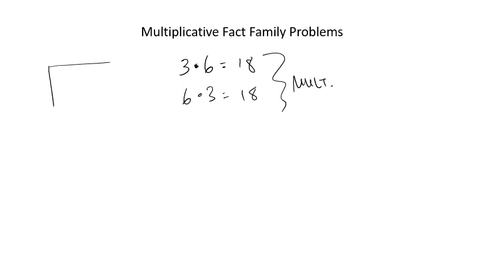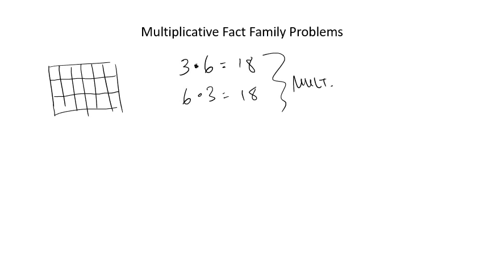And we can connect this back to our rectangle that we've looked at so many times already this semester. We have our 3 by 6 rectangle and our 6 by 3 rectangle. We want to understand that 3 by 6 could have the 3 being the height and the 6 being the width, or vice versa.